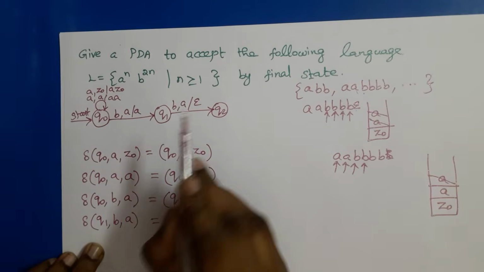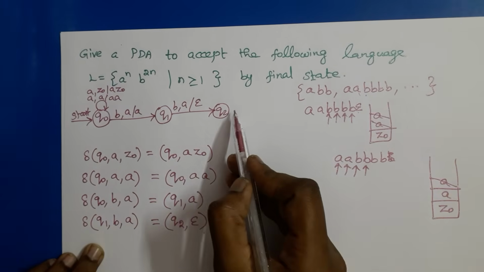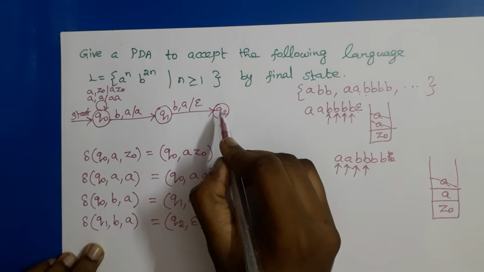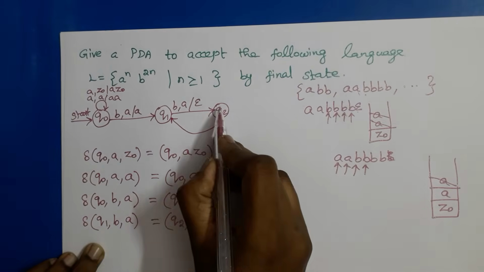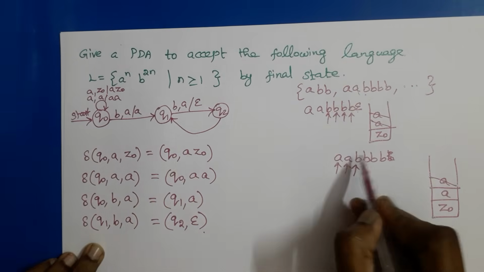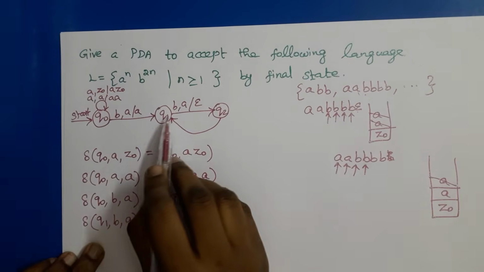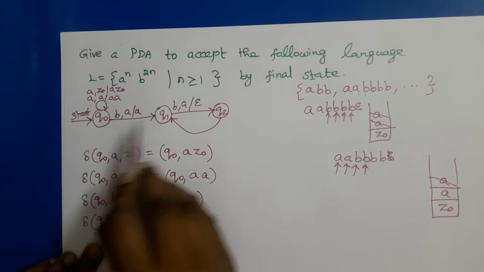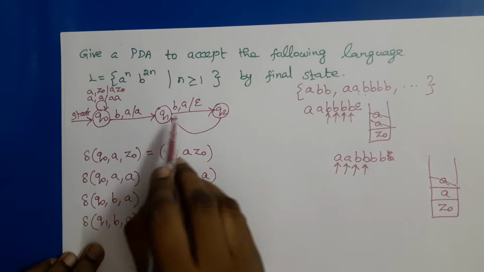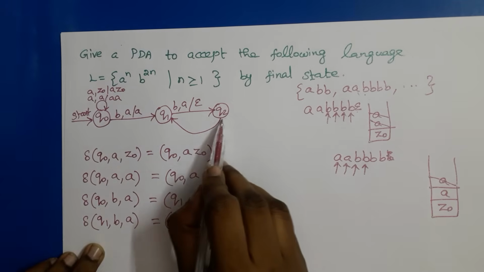For the third b, that is again an odd-numbered b, we should go to state Q1. Then for the fourth b, an even-numbered b, we go to state Q2. So for odd-numbered b's we are in state Q1, and for even-numbered b's we are in state Q2, right?